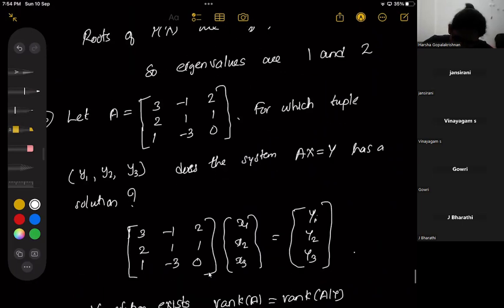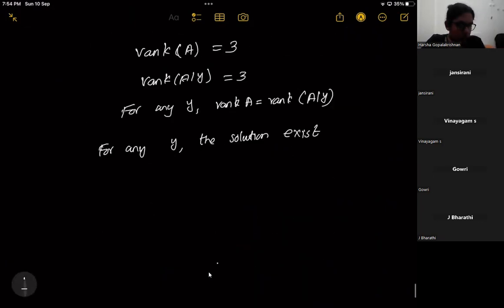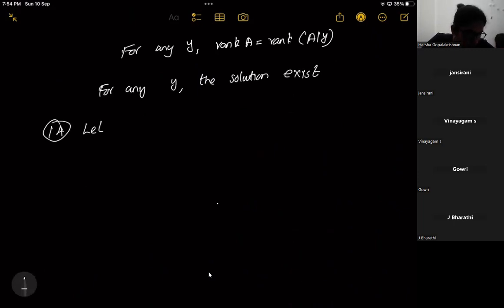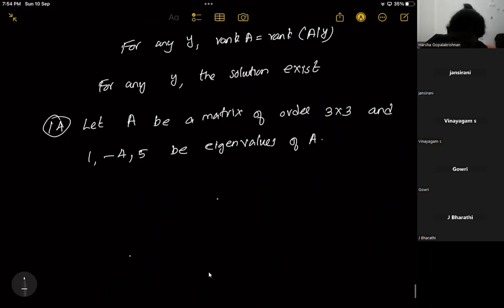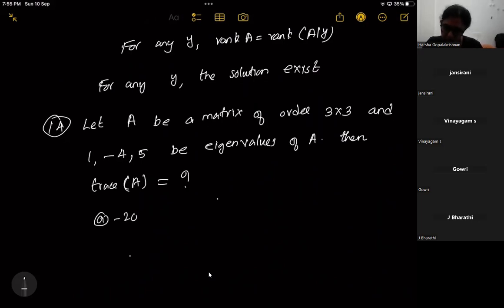So let's do one more question. The last question: A is a given 3 by 3 matrix and the eigenvalues are given as 1, -4 and 5.